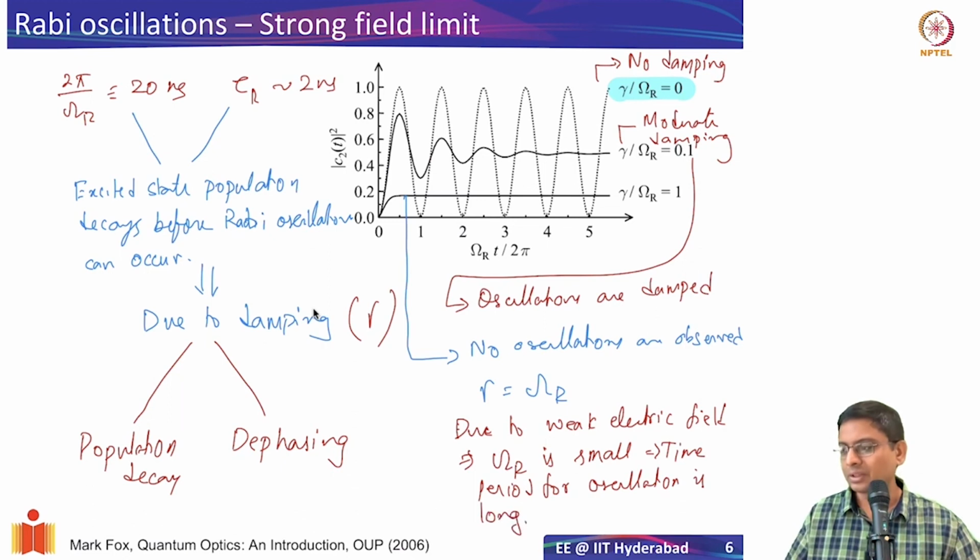In this scenario, I cannot observe Rabi oscillations. But suppose I somehow manage to increase my intensity such that the electric field is large, then I'll immediately see that my oscillations can occur. So it turns out that Rabi oscillations can be seen under high electric fields.